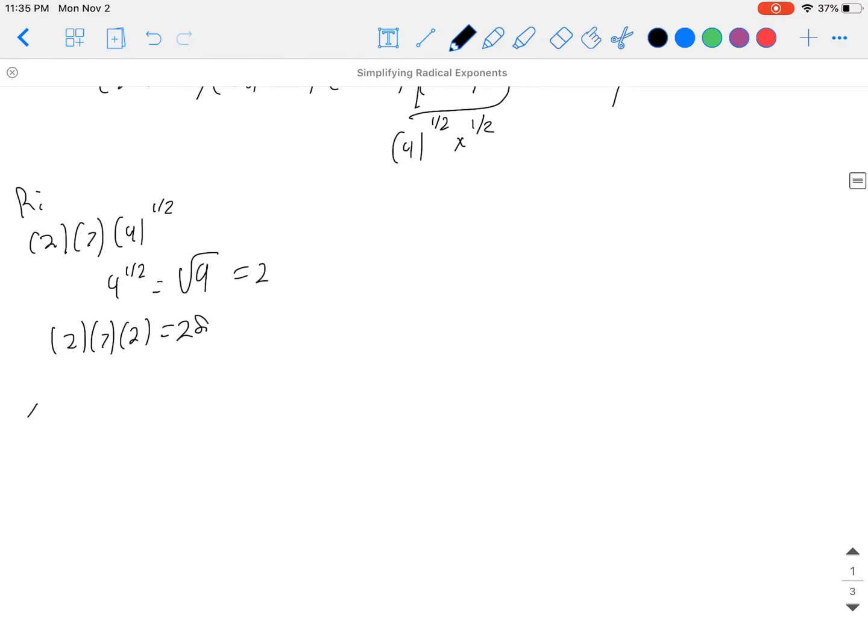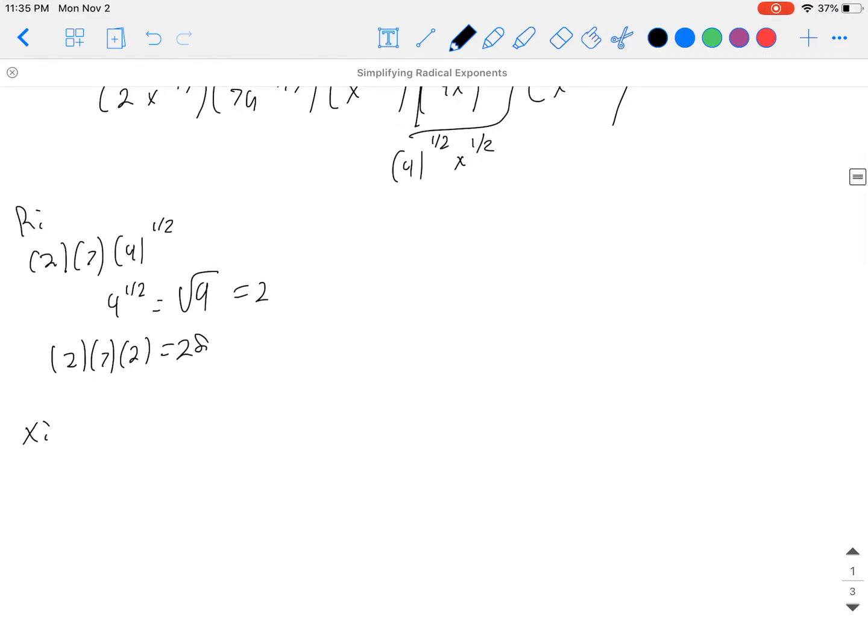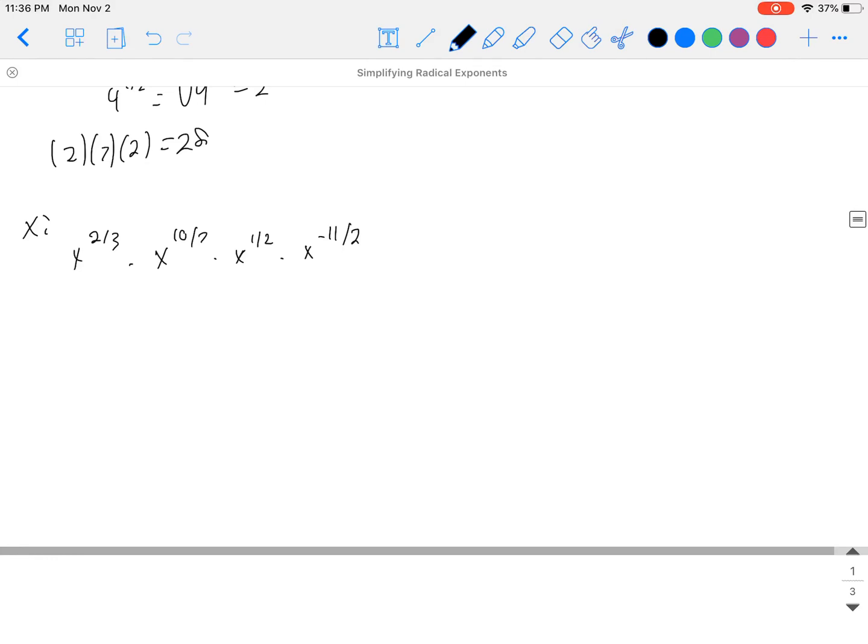Now, if we move to x, we have x to the 2 thirds times x to the 10 over 7 times x to the 1 half times x to the negative 11 over 2. Now here, this is just a simple product rule. So we have x to the 2 thirds plus 10 over 7 plus 1 half minus 11 over 2.